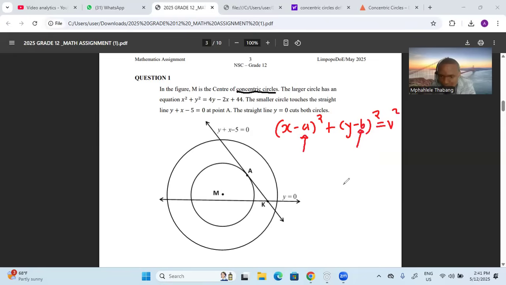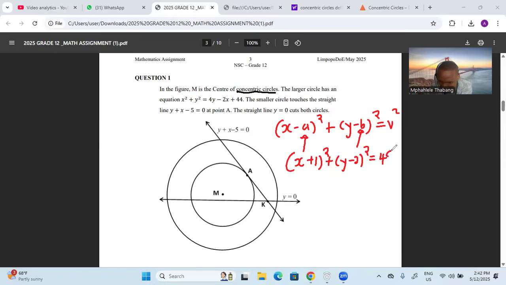So this is one way we can give you the equation of a circle. Let me point out specifically that we can give it to you in this form. Let me write here. You can notice that x squared plus y squared equals 4y minus 2x plus 44 can be written differently in this form. We can say it's x plus 1 squared plus y minus 2 squared equals 49.